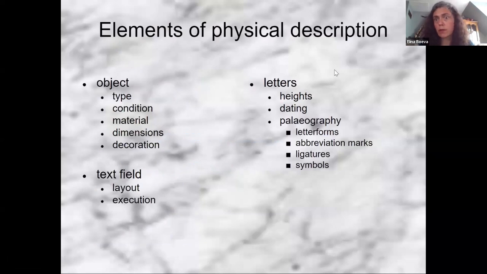So, here again, more about the physical description of the monument. Much like in a printed edition, the elements would be what type of object do we have, what is the condition, what is the material used, the dimension, if there is any type of decoration.